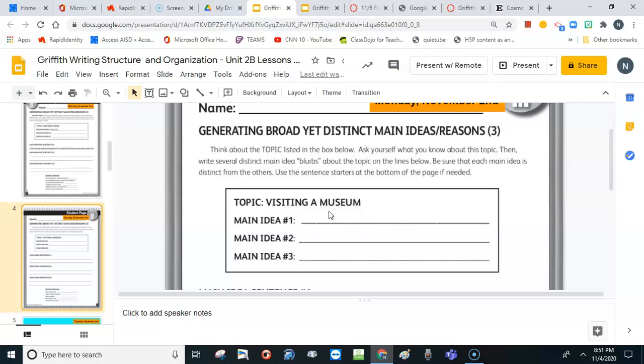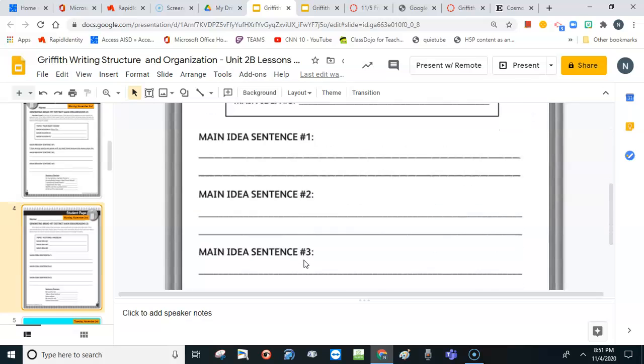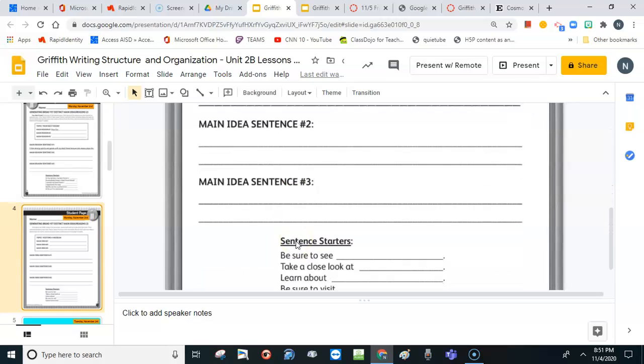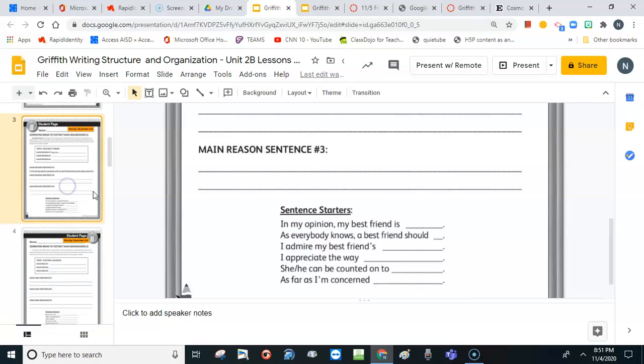You were going to come up with the reasons why you like them, come up with three main idea blurbs, and write three sentences. You could use these sentence starters, or something similar, to start your sentences on page 3.